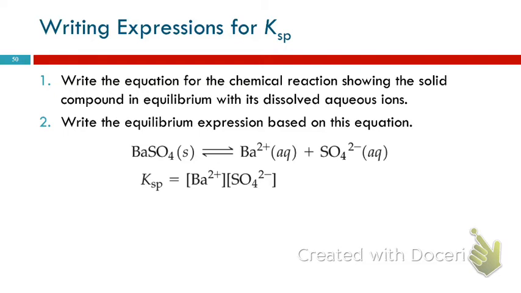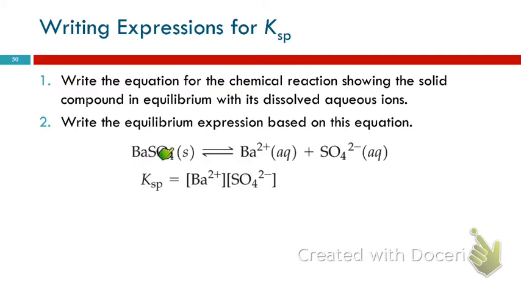So writing expressions for this, you need to start out with the chemical reaction showing how this thing dissolves. That may or may not be given to you in the problem. So this would be finding the equilibrium expression, the KSP for barium sulfate.